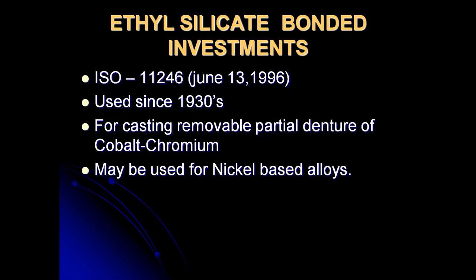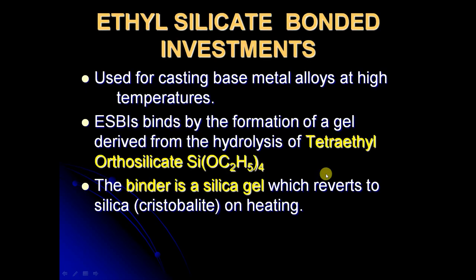Coming on to the ethyl silicate bonded investment, according to ISO 11246 June 13, 1996, it has been used since the 1930s for casting removable RPD of cobalt chromium. It may be used for nickel based alloys. So it is used for casting base metal alloys at high temperature, as we already discussed.